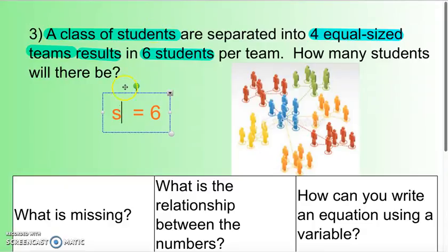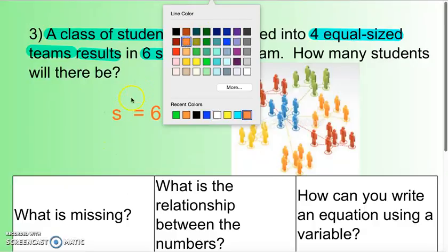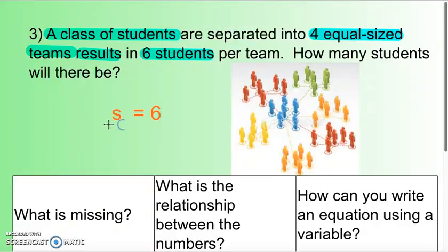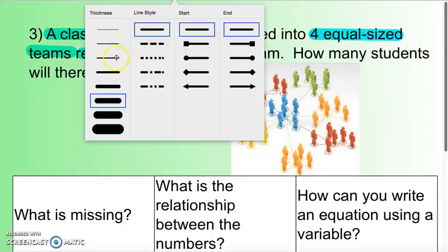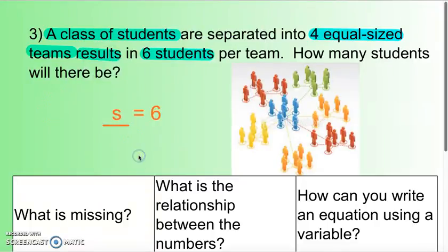And they are separated into 4 equal groups. Well, I'm going to use division because we are separating into 4 equal groups. I know that it's 4 groups, so I'm going to put a 4 underneath.